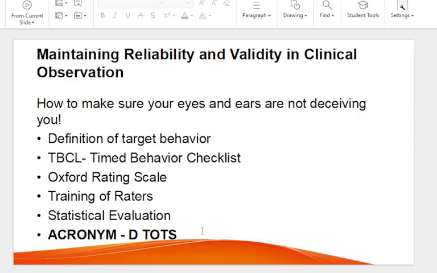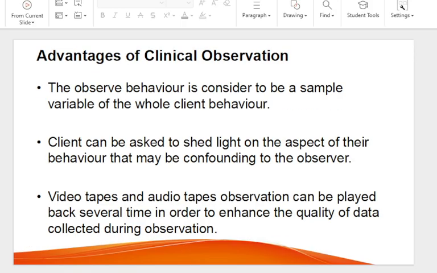Now, with much said about how to maintain reliability and validity, let's look at what exactly are the advantages of clinical observation, if there are any, and what are the disadvantages. Now, for advantages of clinical observation, you are able to reflect a sample of the behavior you are trying to observe.